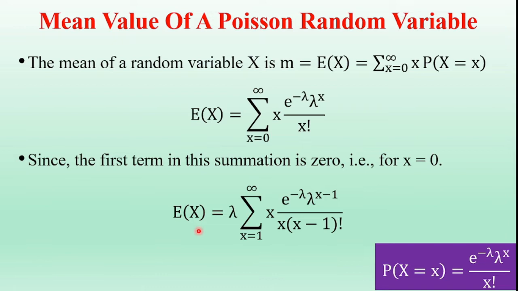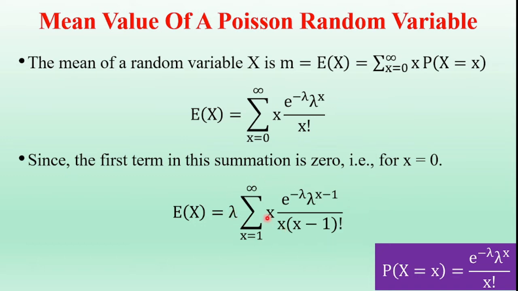Therefore expectation of X is equal to lambda into lambda power x minus 1, e power minus lambda, with x divided by x factorial written as x into x minus 1 factorial, and x equal to 1 to infinity. This is the remaining RHS term.